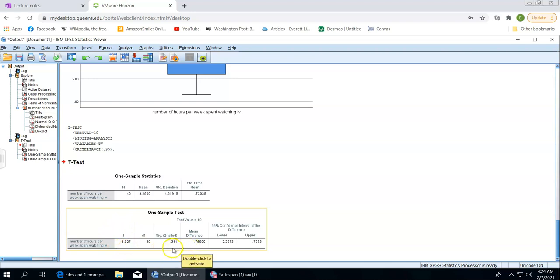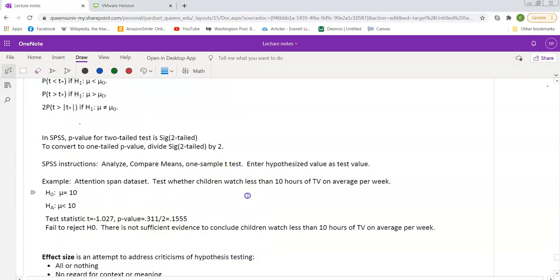And our p-value for the two-tailed test would have been 0.311. But we want the one-tailed test because they asked us here, is it less than? Okay, so that's going to be one-tailed. So we take our sig two-tailed divided by 2. So that's our p-value.